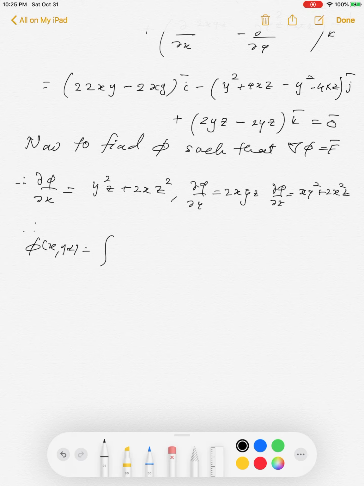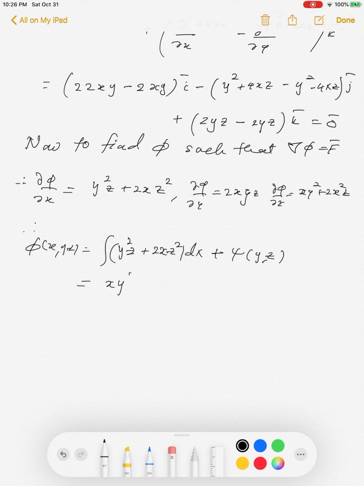So we'll follow exactly the same procedure. Therefore I start with the first one and integrate. Phi of xyz will be the integral of the first component of f with respect to x plus some function, but this function now will depend on y and z, psi of yz.